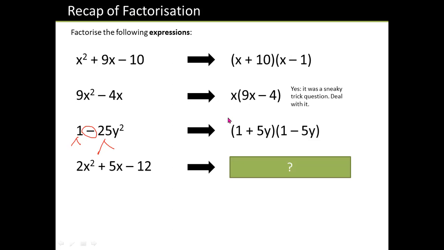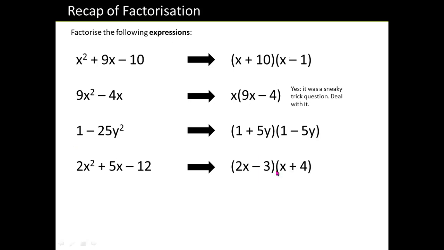Next, 2x squared plus 5x minus 12. All right, if we factor it out, the answer would be 2x minus 3 and x plus 4. All right, so if we simplify to check, you have here 2x times x is 2x squared. And you have here 2x times 4, so plus 8x.